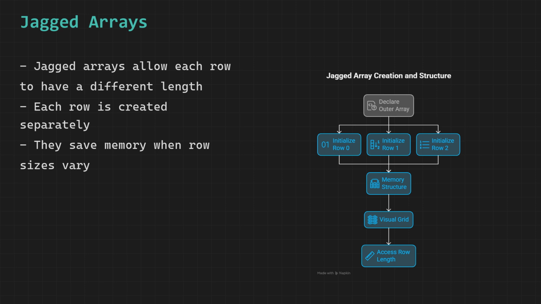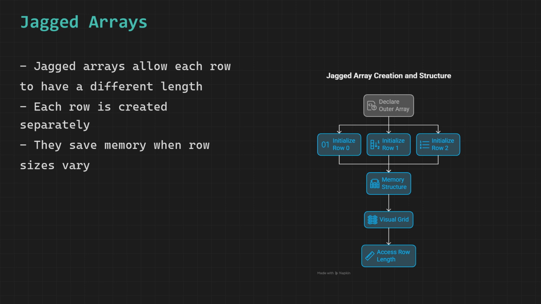Then you create each row individually. jagged[0] = new int[1] gives row 0 just one element. jagged[1] = new int[2] gives row 1 2 elements. jagged[2] = new int[3] gives row 2 3 elements. The result is a triangular staircase shape.